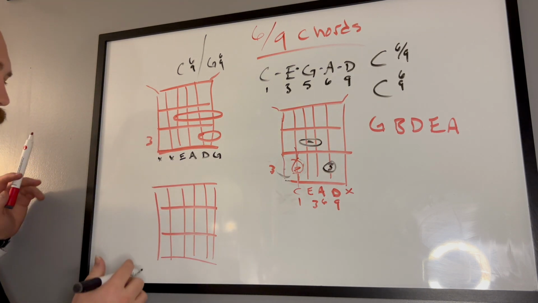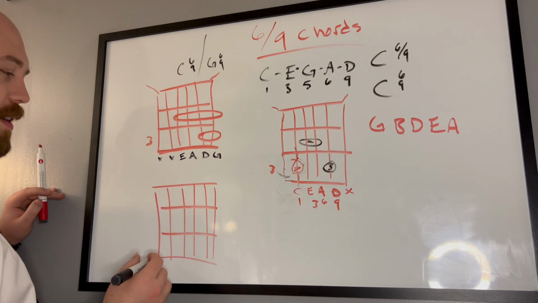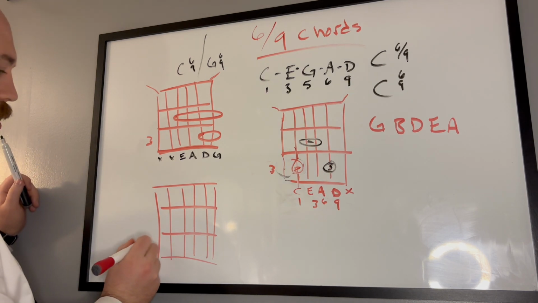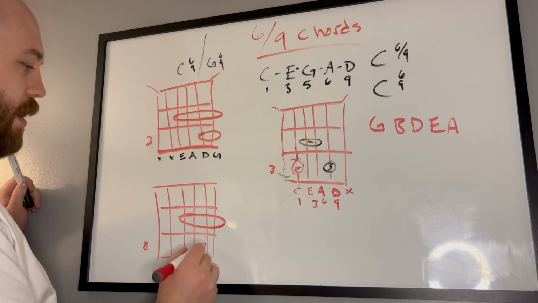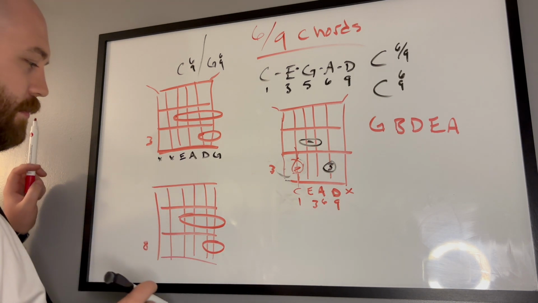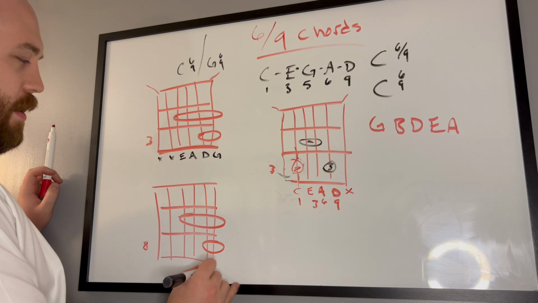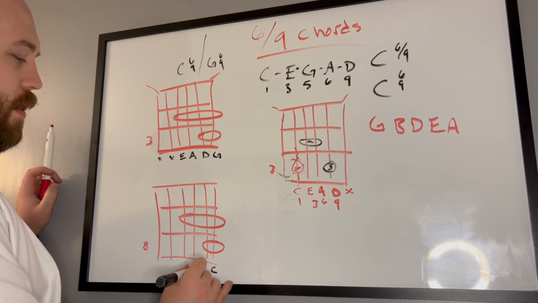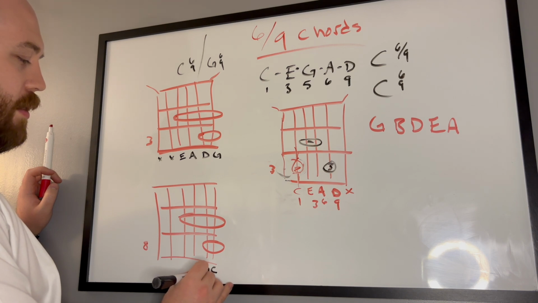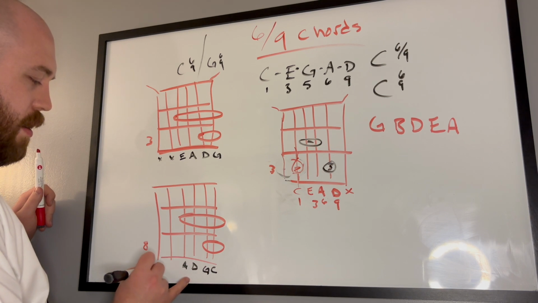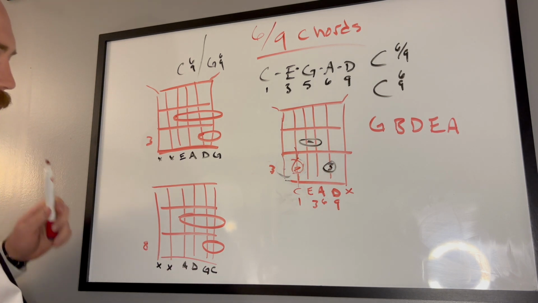Okay, now let's move this whole thing up to the 8th fret. And it's going to be the same exact thing. Okay, what do we have here? C on the top. G is next. Next we have a D, and then an A, and we're not playing these.